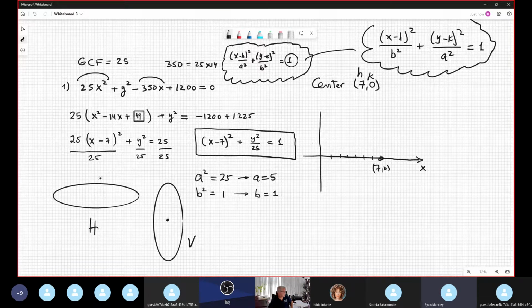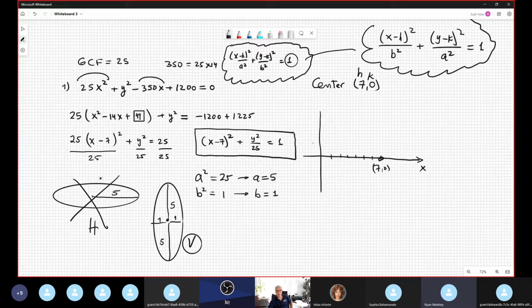Therefore, this is this. Very good. Yes, you are right. Now, this distance is a, which is 5 in our example, 5 in both directions. And this distance is 1 because of b, the minor axis. Not like that, because the big number in our equation is associated with the y. Not horizontal.